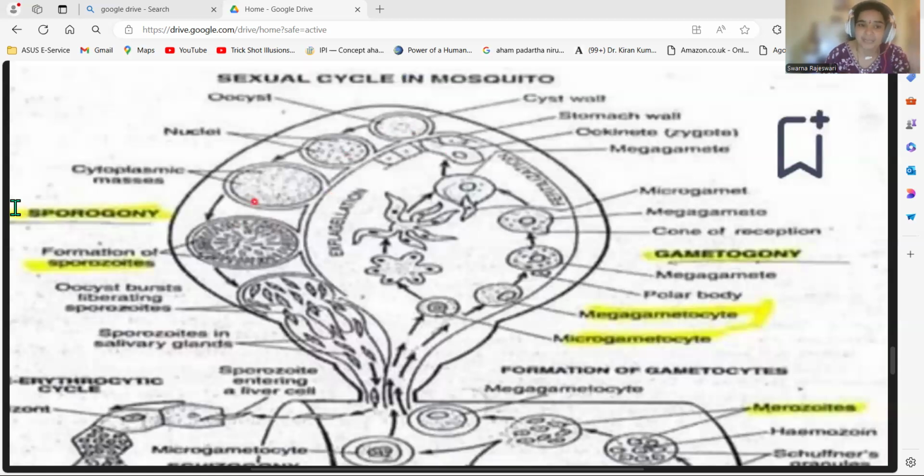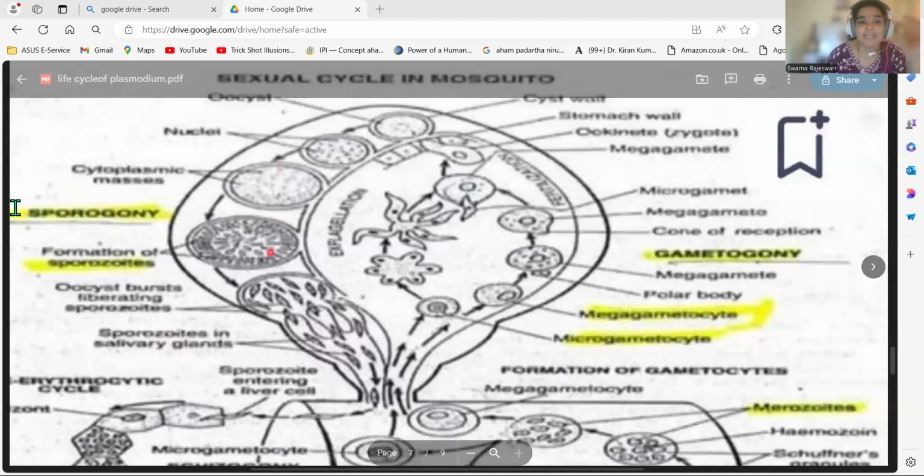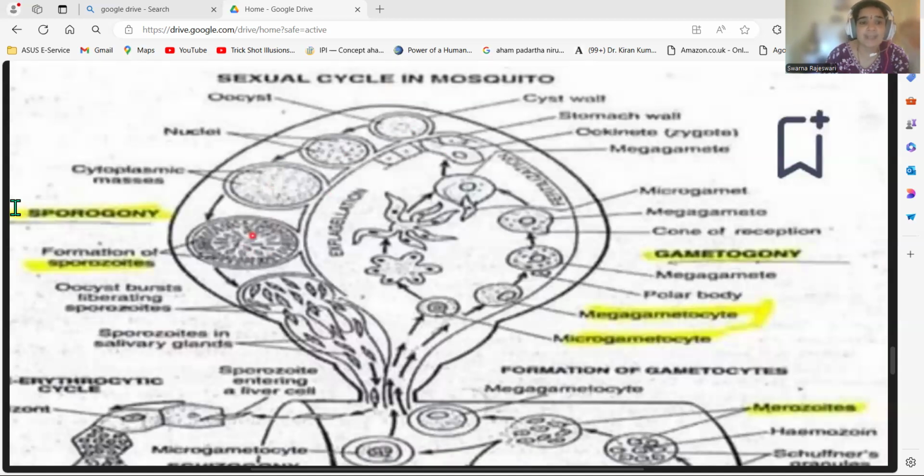Okay, and this sporoblast results in the formation of small sporozoites where each daughter nuclei is surrounded by a small part of the cytoplasm. So all these are known as sporozoites, and this structure we call it as sporocyst.